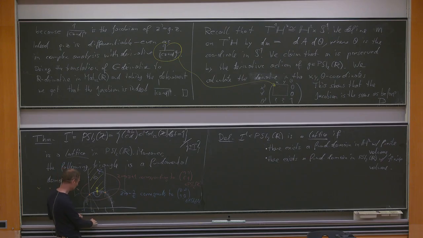You can also say it differently. If you go around this point and count the angle until your circle closes up, it's 360 degrees. Big surprise, right? But if you go around this point until it closes up, it's pi, 180 degrees. And if you go around this point until it closes up, it's 120 degrees.